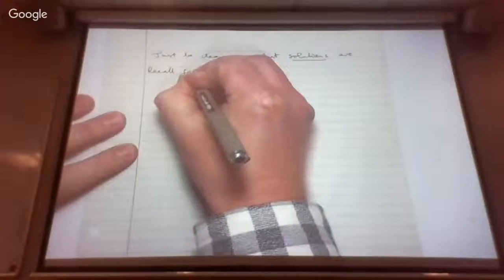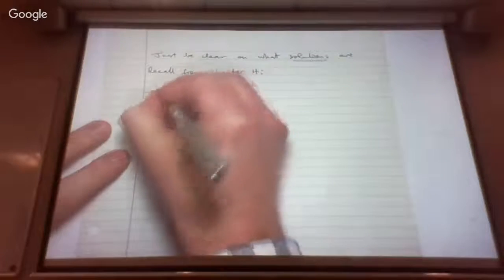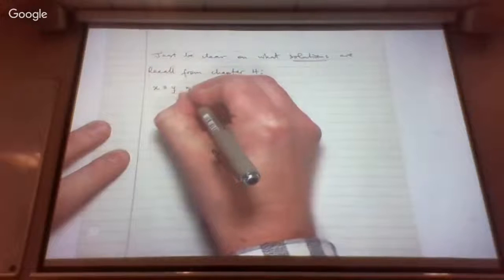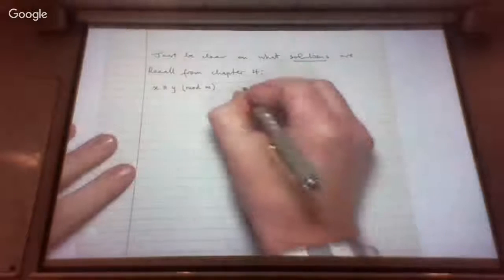Recall from chapter 4, where we first introduced the notion of congruences and modular arithmetic. We proved this nice result here, that if we had two arguments, two numbers, x and y, which were congruent modulo n, we have two integers which are in the same congruence class, modulo something.